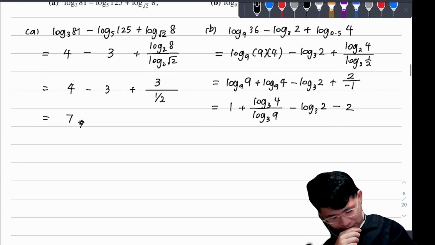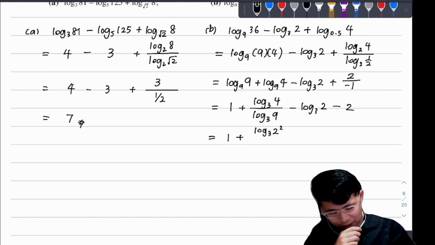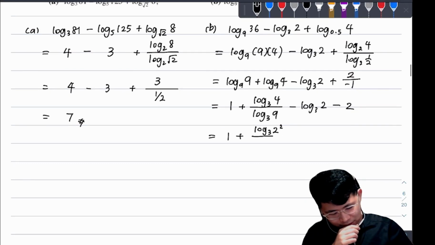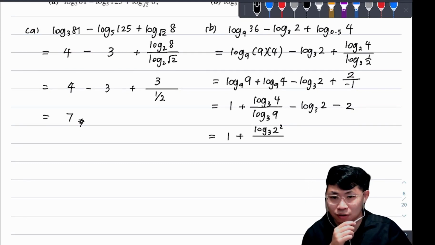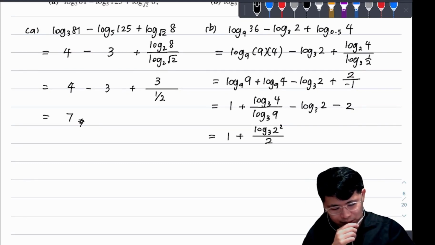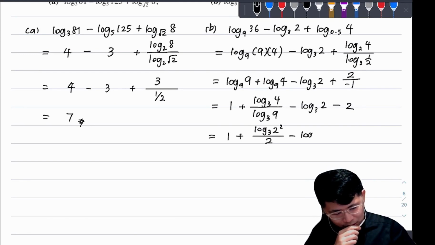Next, 1 plus, now log base 3 of 4 would be log base 3 of 2 squared, divided by log base 3 of 9, since 3 to the power of 2 is equal to 9, minus log base 3 of 2 minus 2.